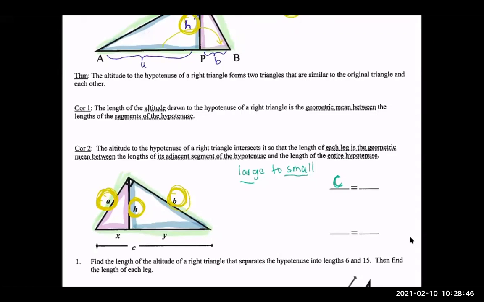Okay, so C to A is equivalent to, okay, now I want you guys to find the short leg of your large triangle. So since we started with the large triangle here, what's the short leg of your big triangle? Short leg is A, right? Short leg is A of the large triangle.